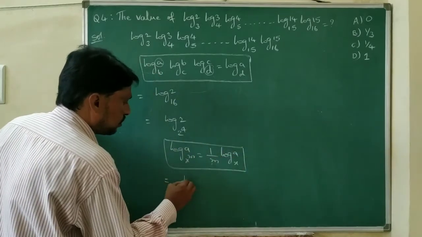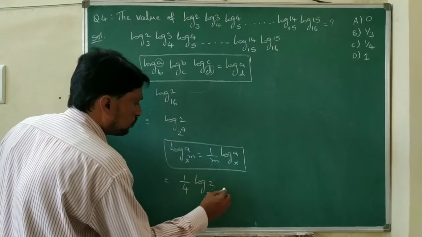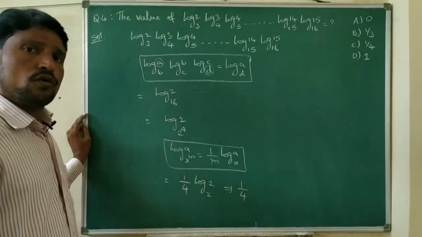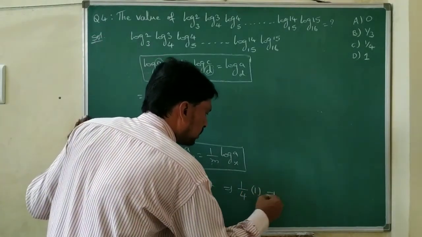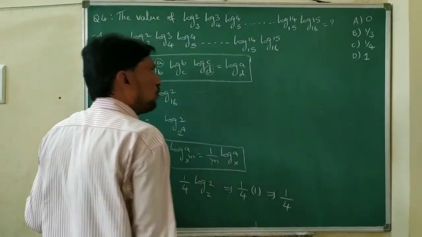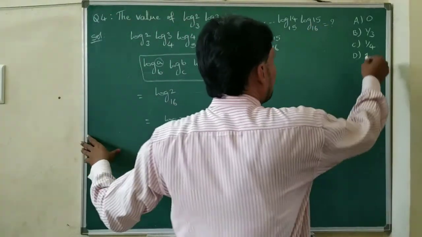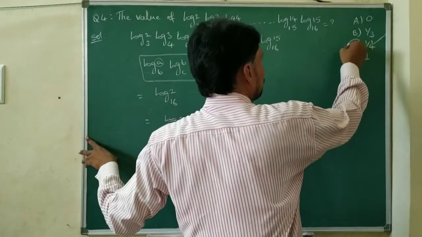So that equals 1 by 4 log 2 base 2. What is the value of log 2 base 2? That value is 1. So 1 by 4 into 1 gives 1 by 4. So option C is correct, 1 by 4.